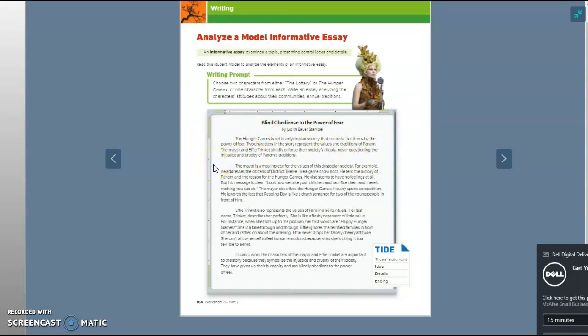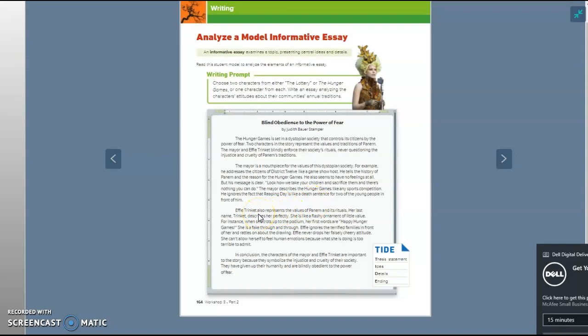Now, your central ideas. The mayor is a mouthpiece for the values of this dystopian society. For example, he addresses the citizens of District 12 like a game show host. So this is probably a central idea: the mayor is a mouthpiece. Now you're going to go find details and mark details that back up that the mayor is a mouthpiece for the values of this dystopian society.